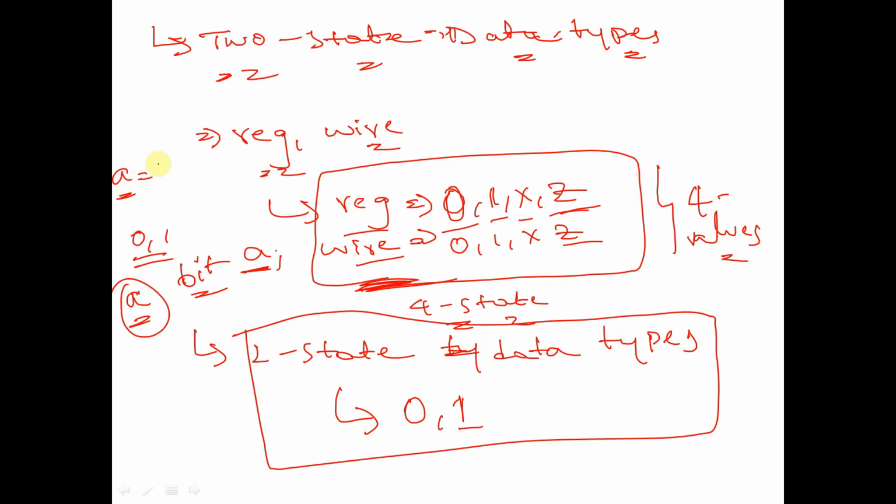If we try to assign a is equal to unknown, then the simulator will convert this unknown value to any of these states, that is 0 or 1. So this is how a two state data type works. Is this clear about what is meant by two state data type? This is clear, right? Yes.